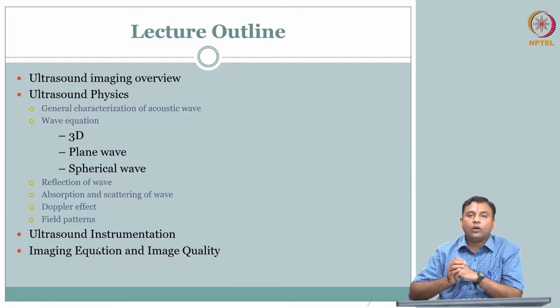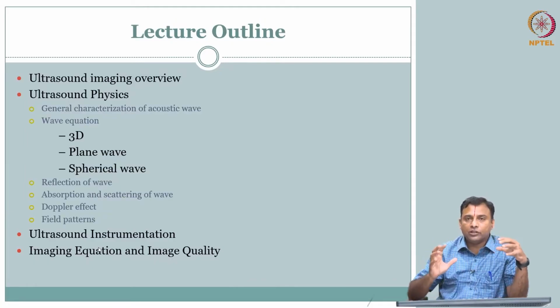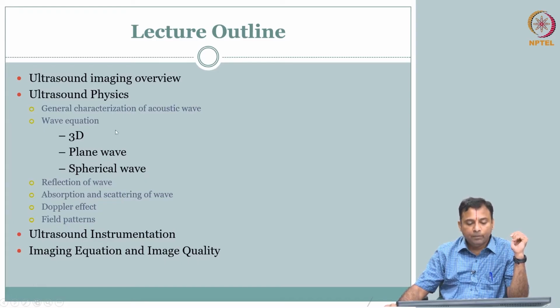What is going to be the outline? The standard template for this course, we will maintain, which is that we will have a quick overview of the imaging modality followed by the physics of the modality, right. In this case it is ultrasound physics, and after covering the ultrasound physics extensively, we will move over to the instrumentation, imaging equation and image quality. In fact, I am very hesitant to say we will cover all this.